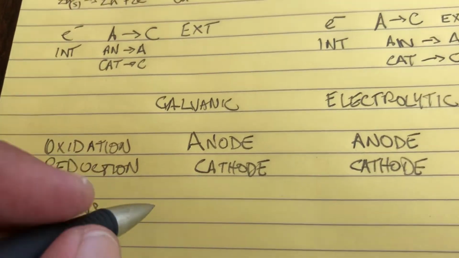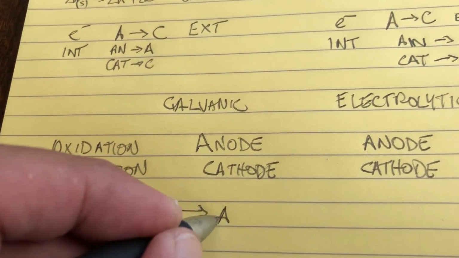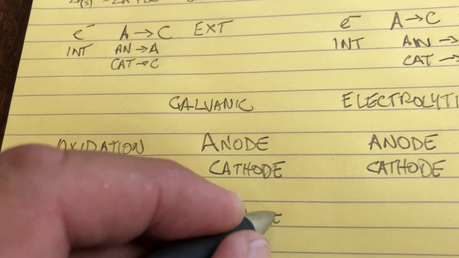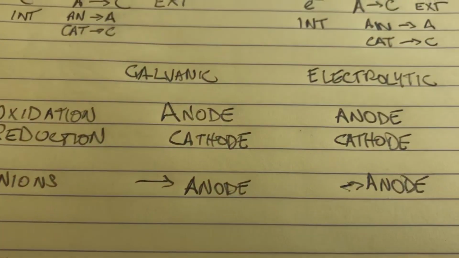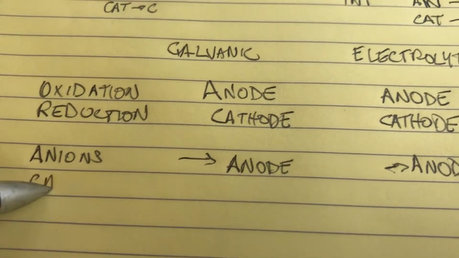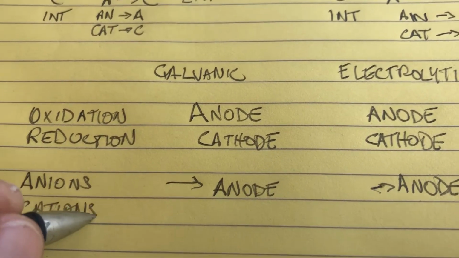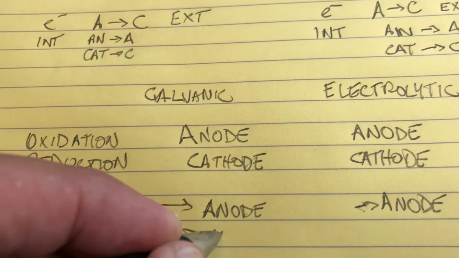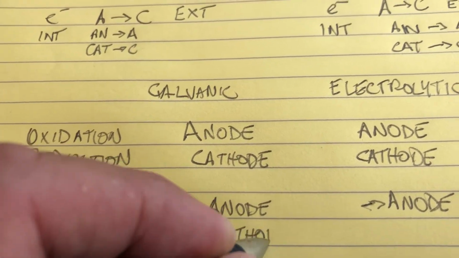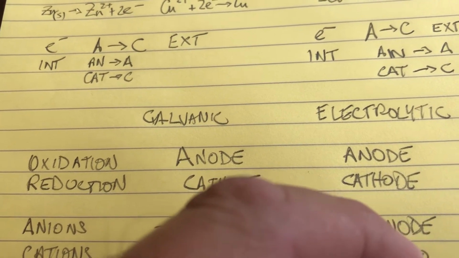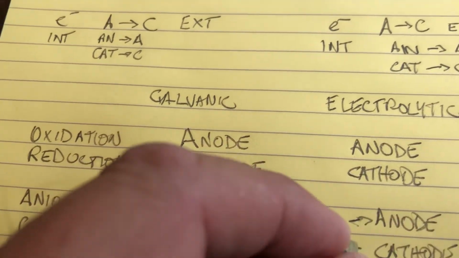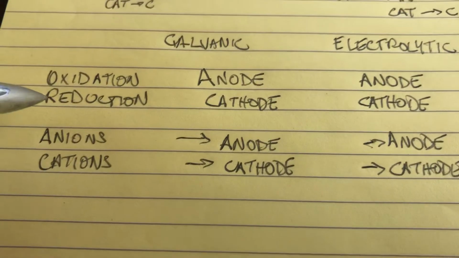Anions go to the anode in both. And similarly, cations in the internal circuit go to the cathode in both.